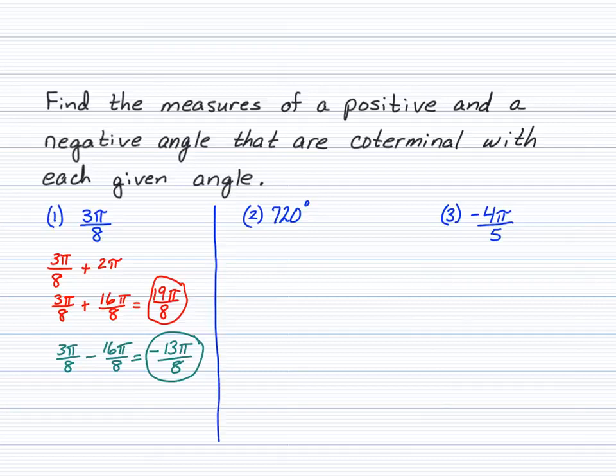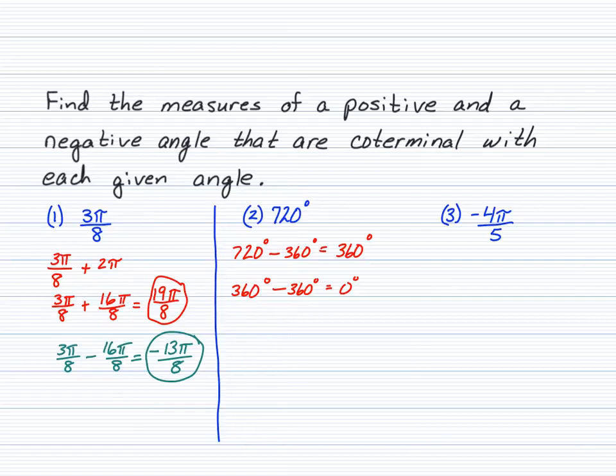All right, so the next one is in degrees. And so if you take 720 degrees, you can add 360 to that. That would give you a positive coterminal angle. We could also subtract 360 degrees from that, and that also would give us a positive coterminal angle. There is more than one answer to these questions. All right, so now if we take that 360 degrees and subtract 360 degrees again, that gives us 0 degrees.